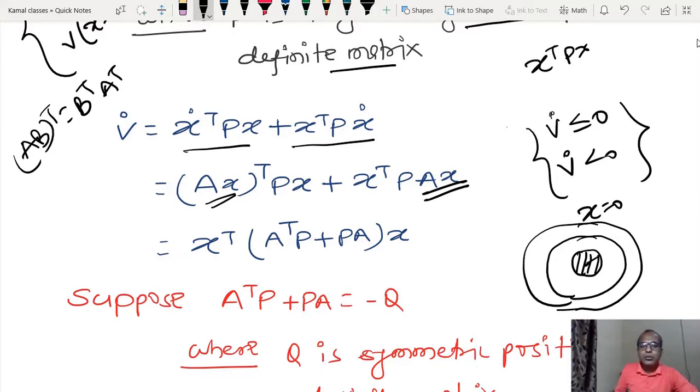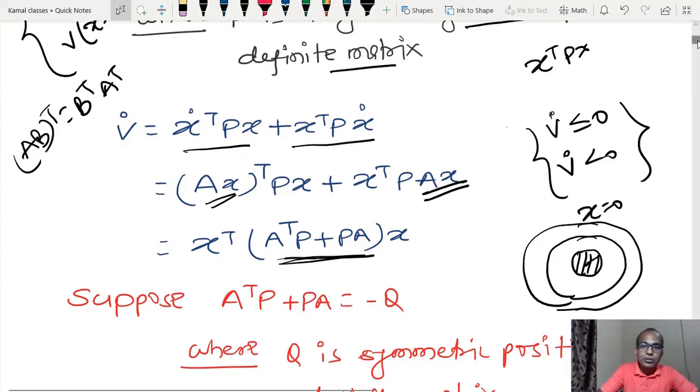Due to that reason, I am going to assume this: because A is coming from the system, and P I can construct, since P I can choose, I am assuming A transpose P plus PA equals minus Q, and again I am going to select Q as a symmetric positive definite matrix.